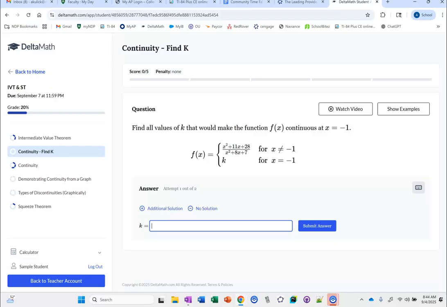So what I need is for this k to fill in the hole in this rational function, right? So I'm going to take this rational function, reduce it, and then plug the -1 in, and whatever that number is, it's got to be what k has to be in order to fill in the hole, that would be our removable.